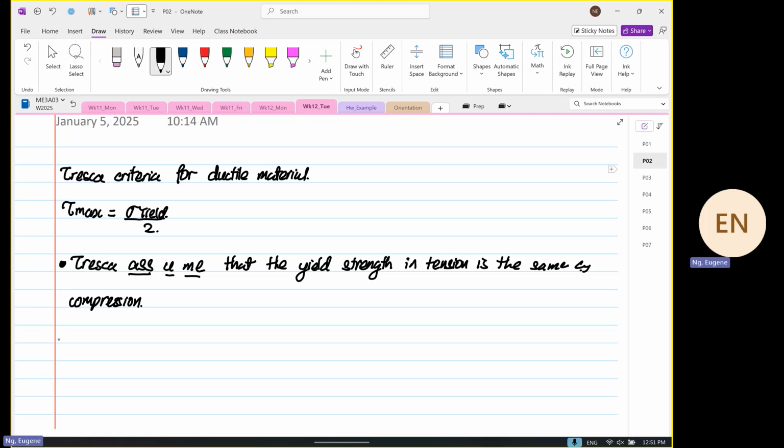So, however, we know that in real life, right, stress yield in tension is usually smaller than stress yield in compression. We know that. So with this expression, stress yield, right, is a what? Is a material property.